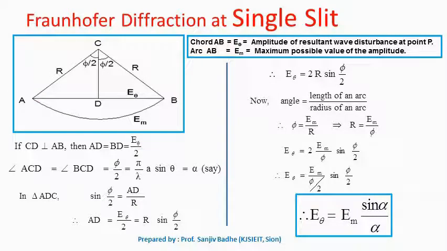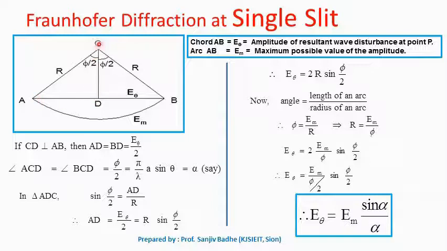Angle ACD and angle BCD are phi by 2, and we know phi by 2 is pi by lambda a sin theta, because phi is equal to 2 pi by lambda a sin theta. Let us call it alpha.